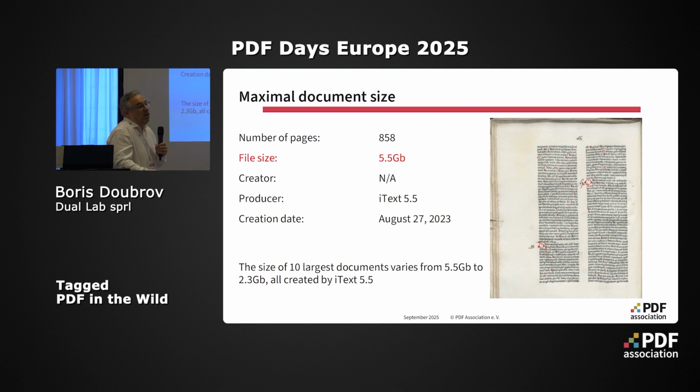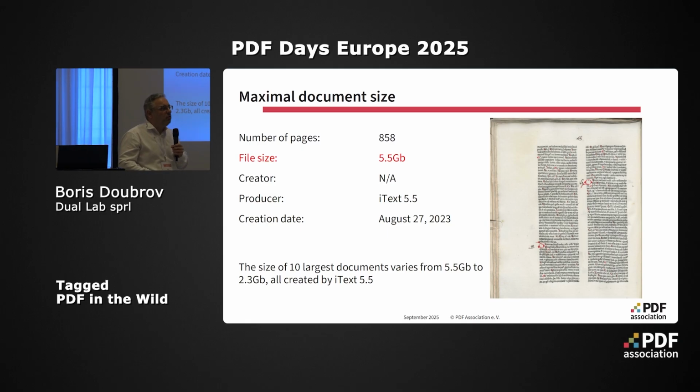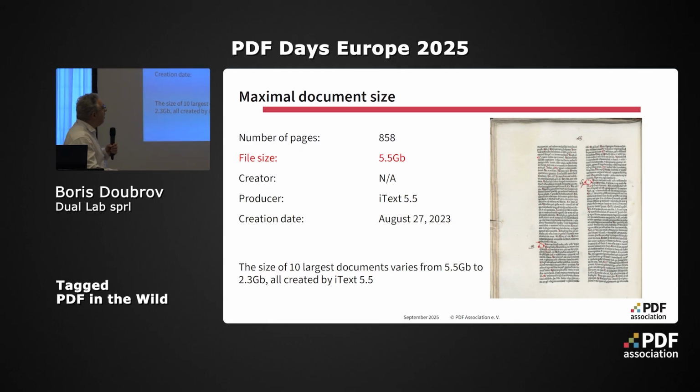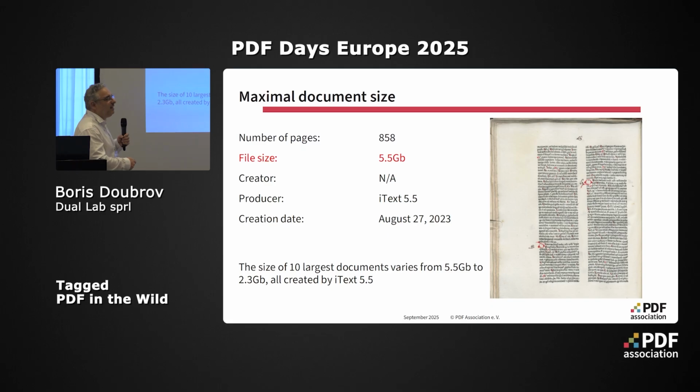So if you're dealing with implementation and you're looking at what implementation limits you should support, this is about where you have to go. Maybe it's not practical to go above 10 gigabytes, but there are still files that are above 5 gigabytes. And your question, of course, who can create such files?